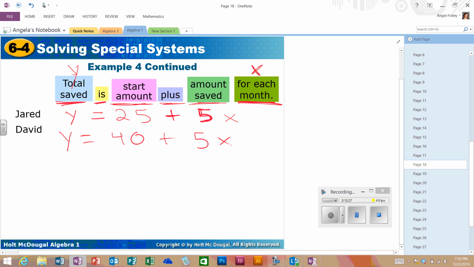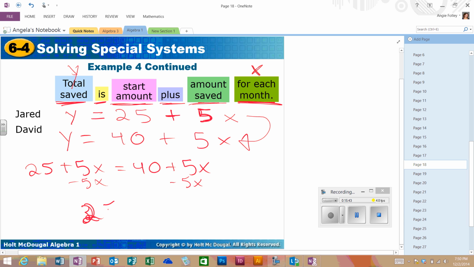So we want to know when will this one equal this one. So we're going to set them equal since they both equal Y. When I subtract 5X, that's going to go away, and I just get 25 equals 40. So that is not a true statement.